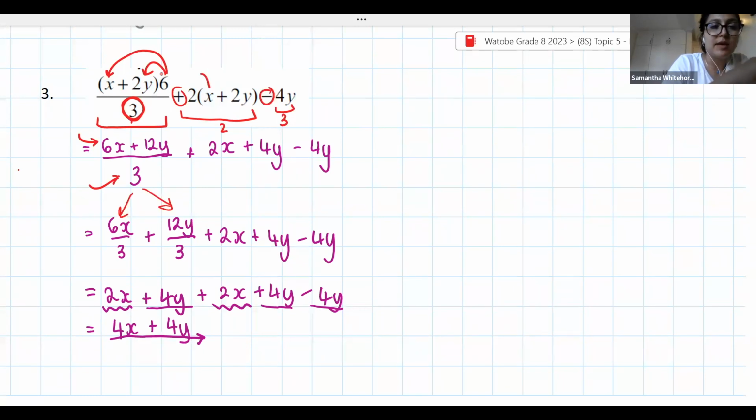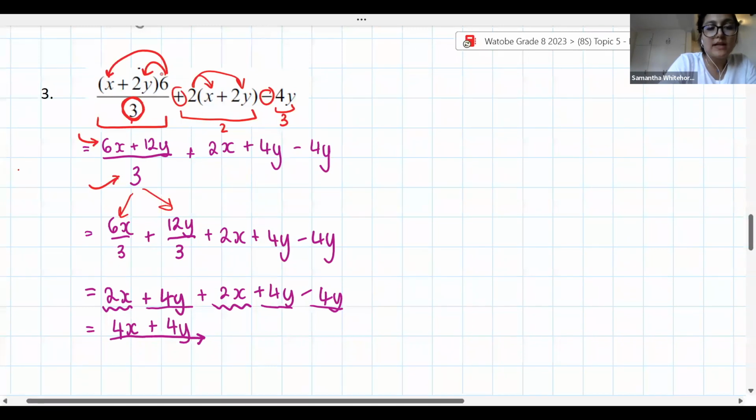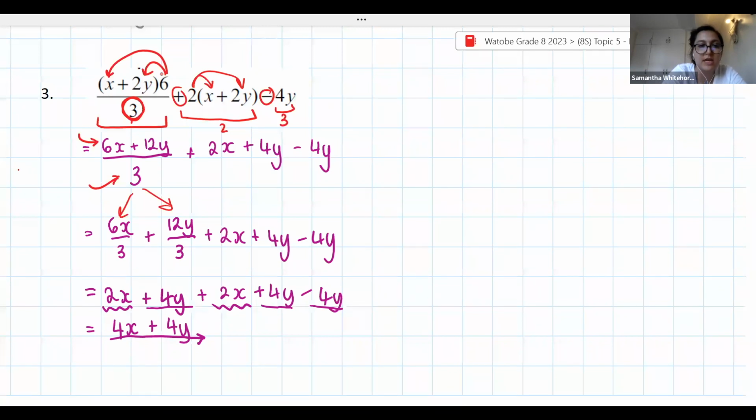In my second term, I need to multiply the 2 and the x and the 2 and the y, so that's where I get 2x plus 4y. Once I've separated my fraction and simplified, 6x divided by 3 gives us 2x, and 12y divided by 3 is 4y. That is now where I look for my like terms that I can add and subtract to simplify my final answer.